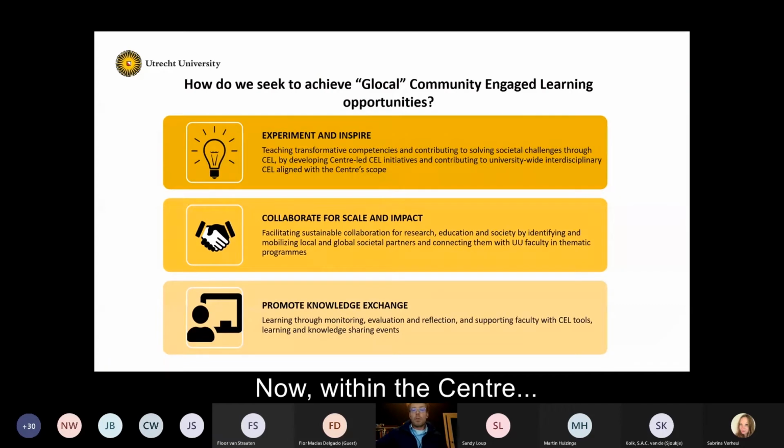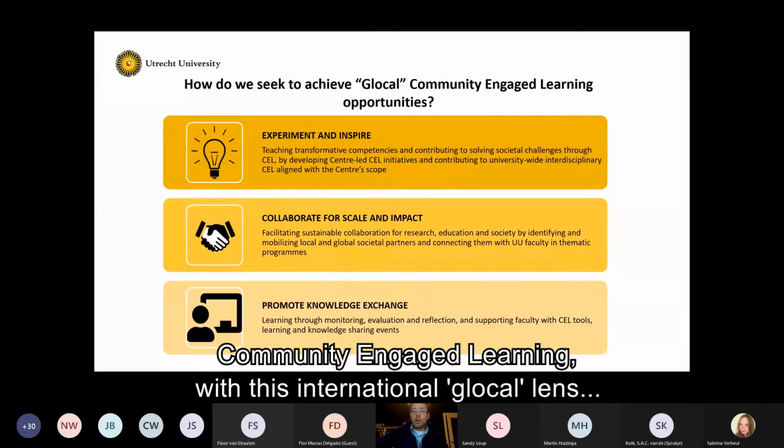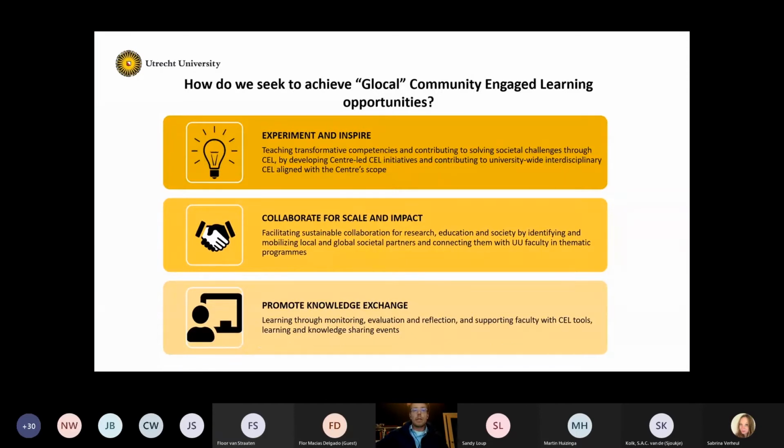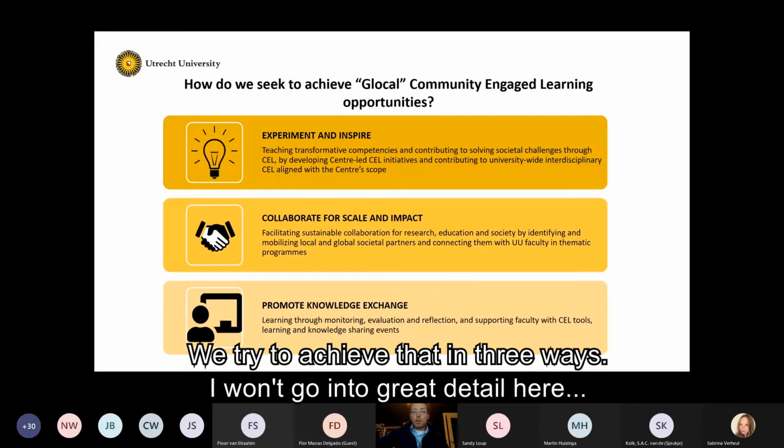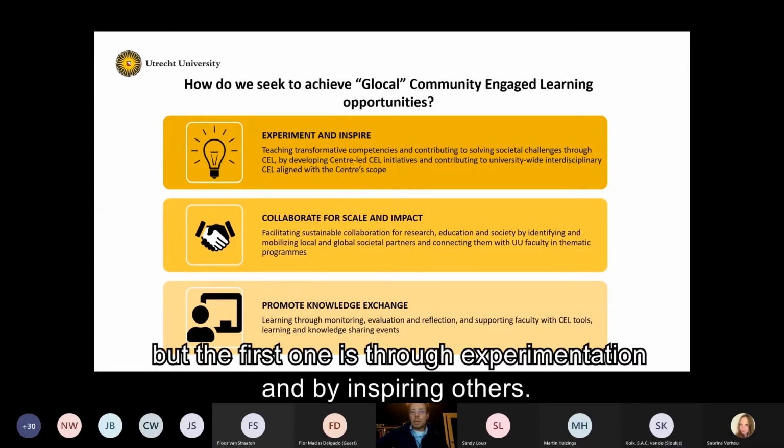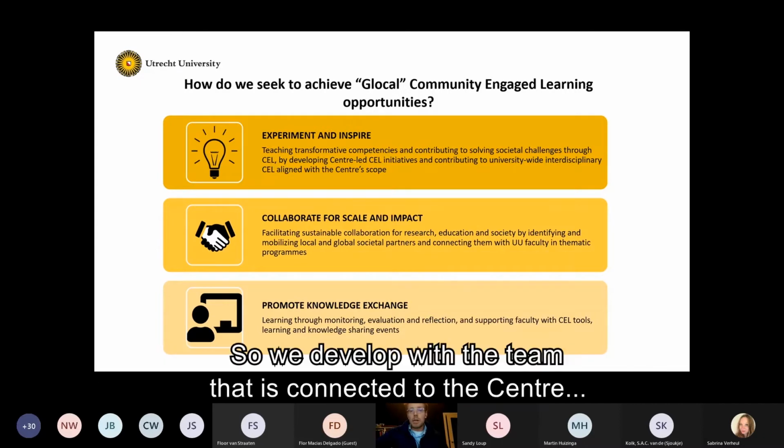Now, within the center, community engaged learning with this international global lens is a key part of our strategy, and we try to achieve that in three ways. I won't go into great detail here, but the first one is through experimentation and by inspiring others.